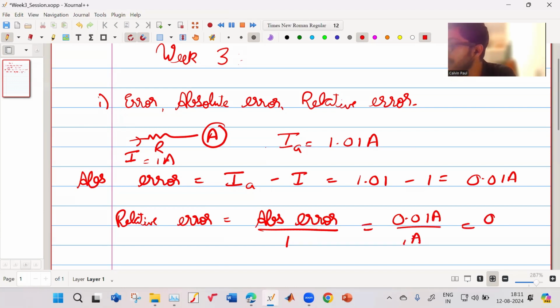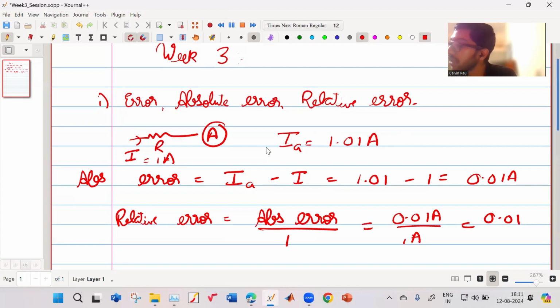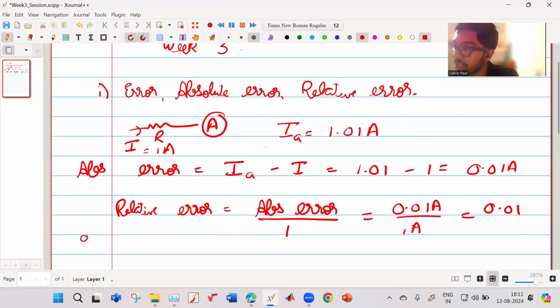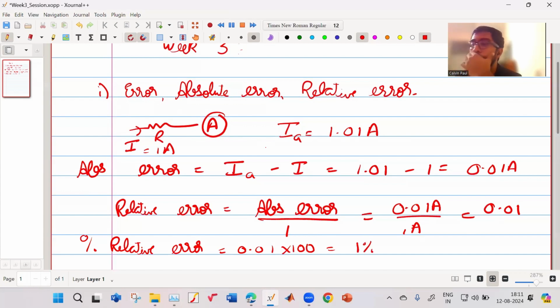So it is 0.01, and it is unitless. It has no unit. Now, if we have to find the percentage relative error, we just have to multiply it by 100. So it becomes 1%. So there's just a 1% error.